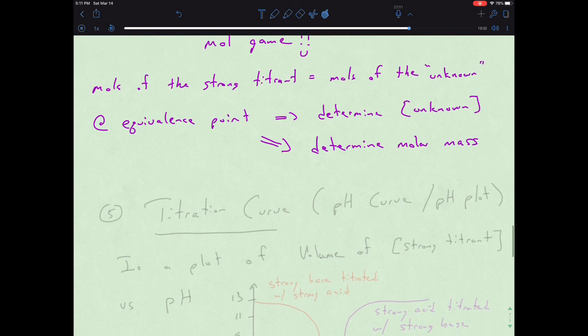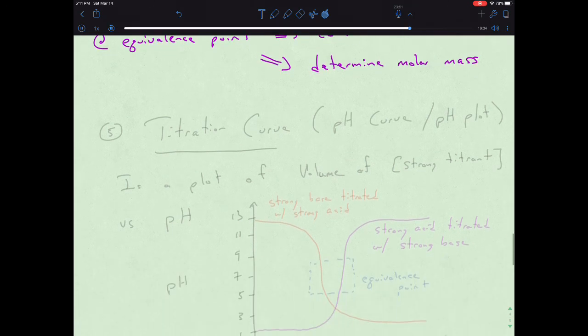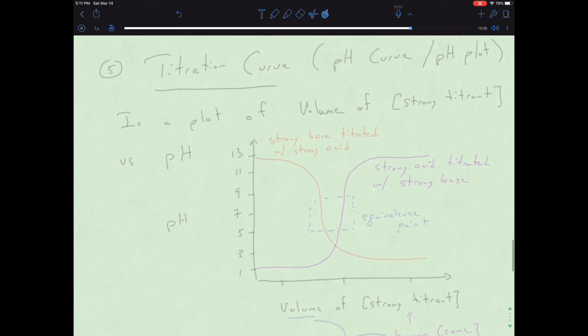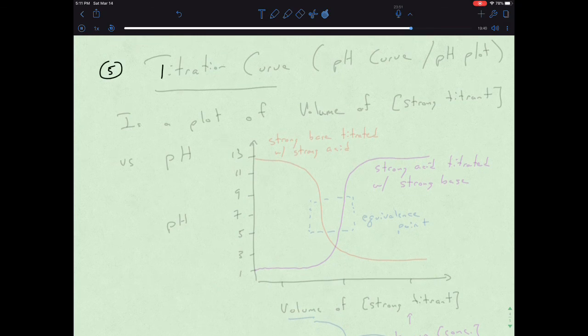The last piece of the titration is the titration curve, or pH curve, or pH plot, right? There's a number of ways to say that. But basically a titration curve.